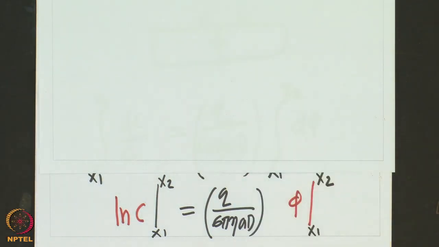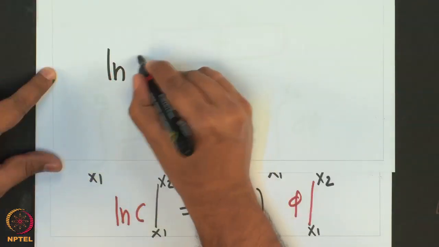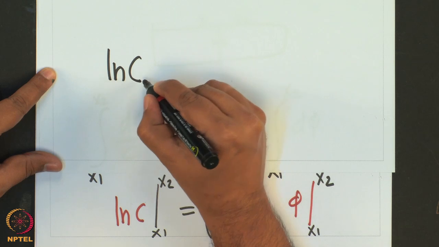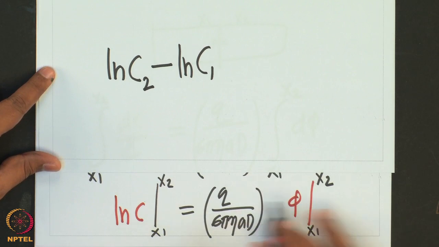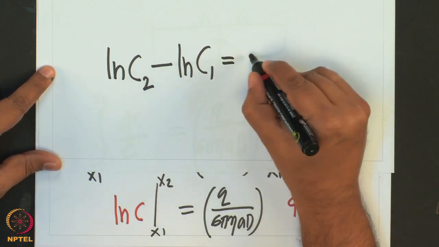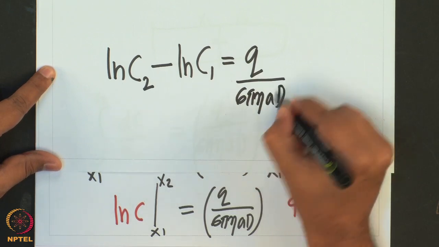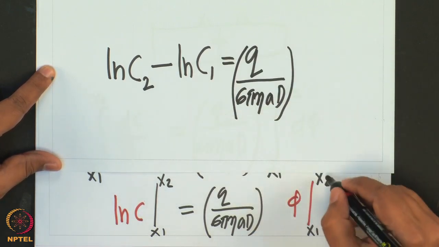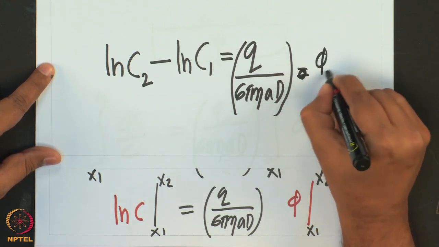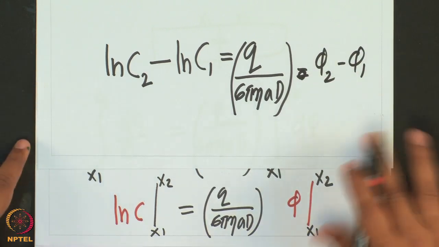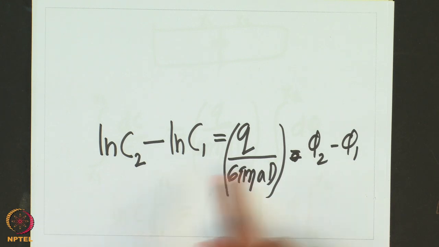I would get log c at x2, which I call log c2, minus log c at x1, which we call log c1, is equal to q by 6 pi eta a d times phi at x2 minus phi at x1. So, this is what I would get, log c2 minus c1.